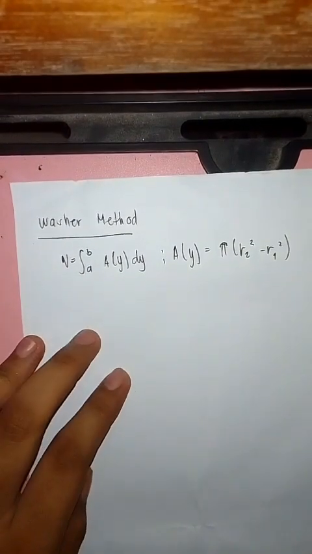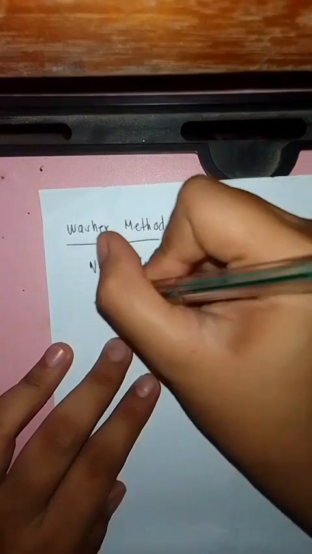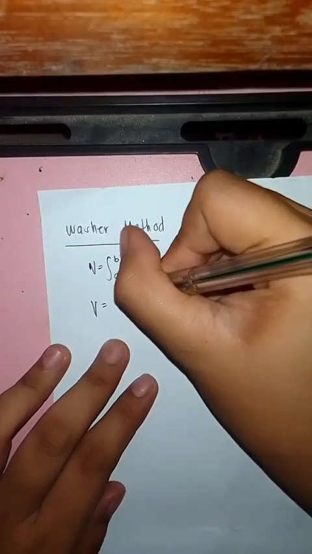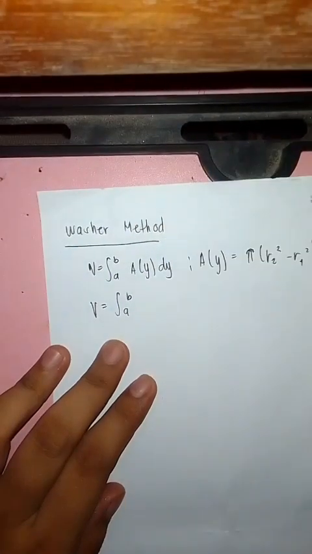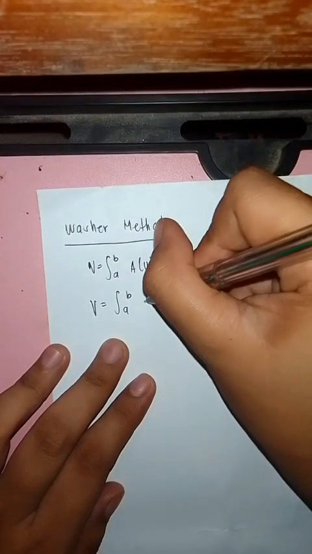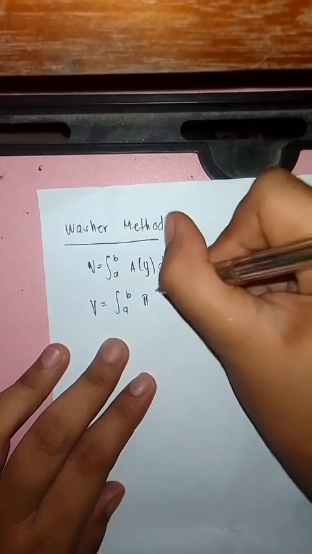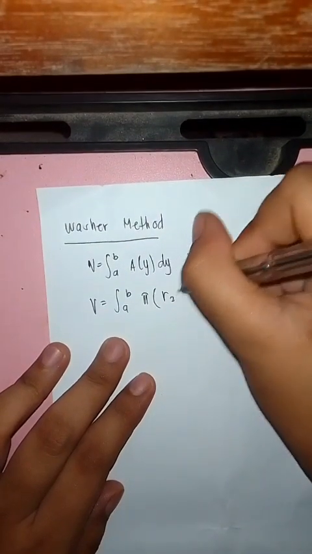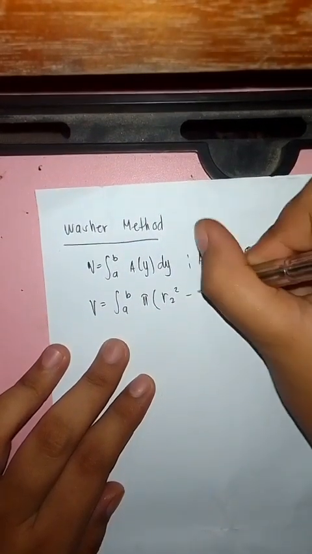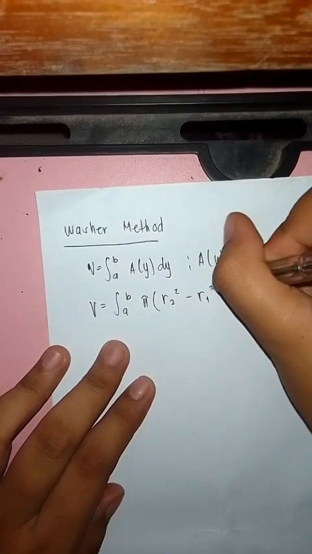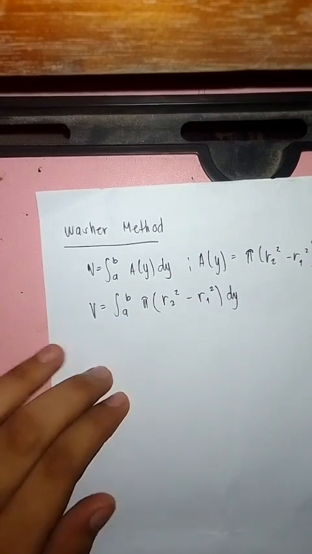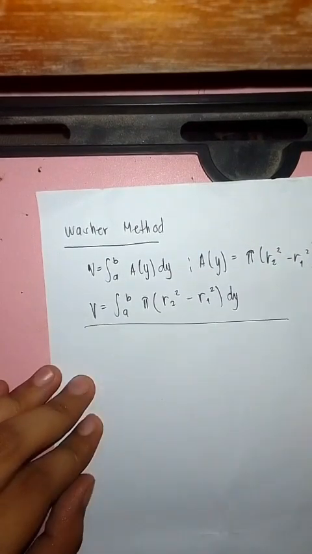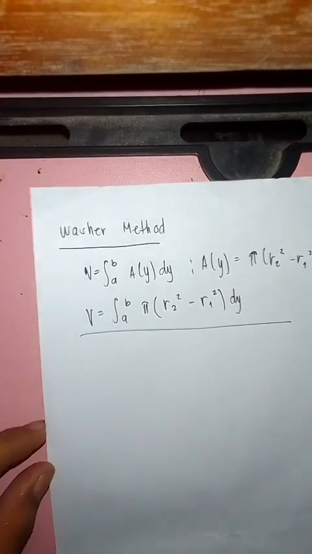So we have the formula V is equal to the integral of pi times r sub 2 squared minus r sub 1 squared dy.